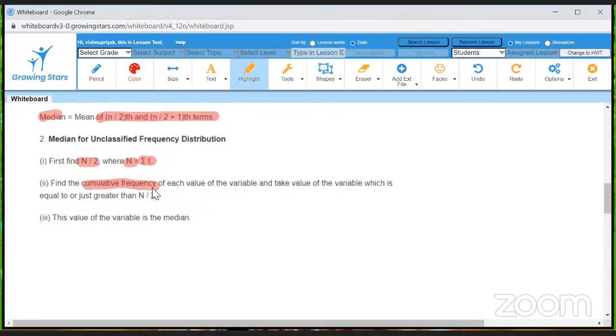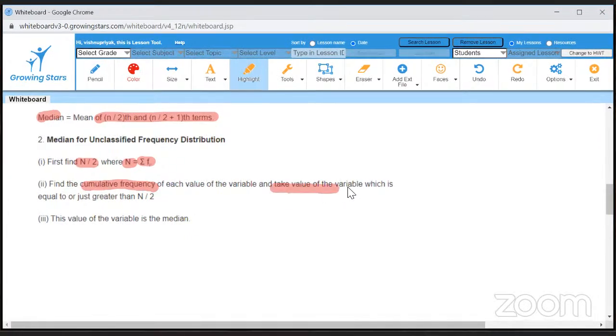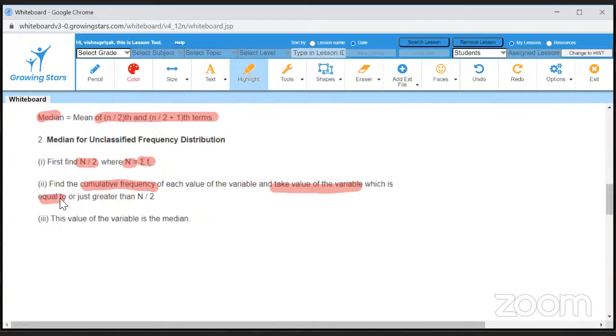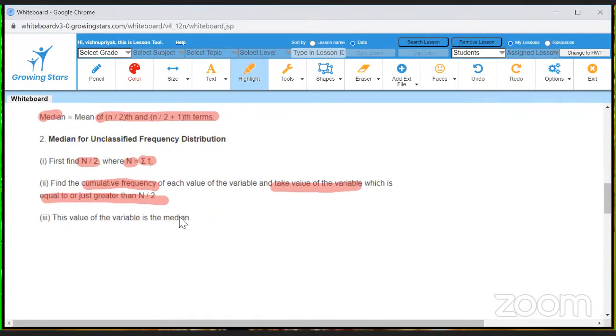Take the values of the variable which is equal to or just greater than n by 2. That will be the median.